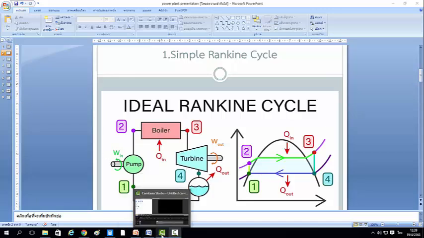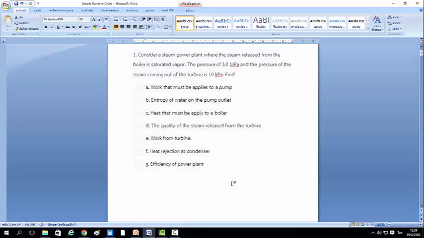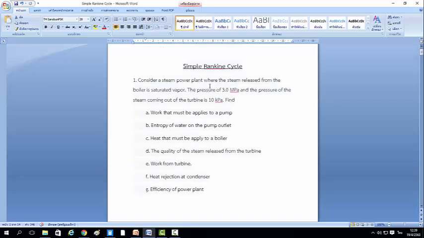Let's do our assignment. You can see that the problem first gives you a pressure of 3 megapascal, at which the steam released from the boiler is a saturated vapor, and 10 kilopascal, which is the pressure of the steam coming out of the turbine.